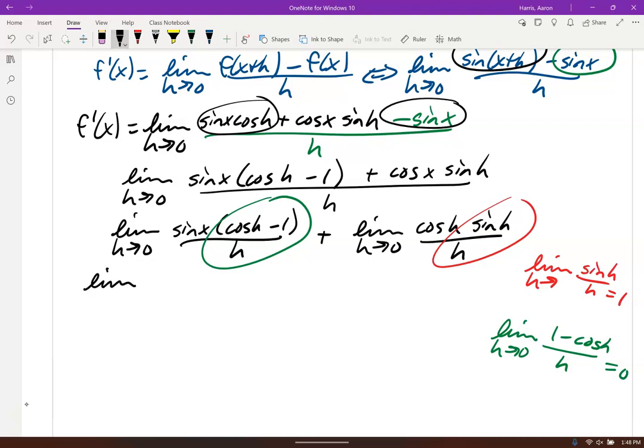So I'm going to write this as the limit as h goes to 0 of sine of x, times the limit as h goes to 0 of, taking a negative out of this, 1 minus cosine h over h.